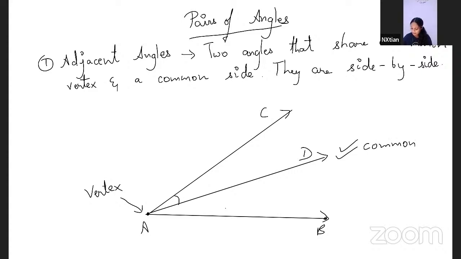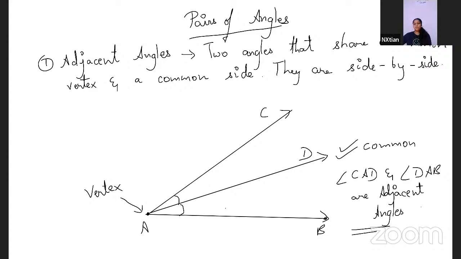So this angle and this angle, angle CAD and angle BAD, are adjacent angles. Okay, they are adjacent angles.